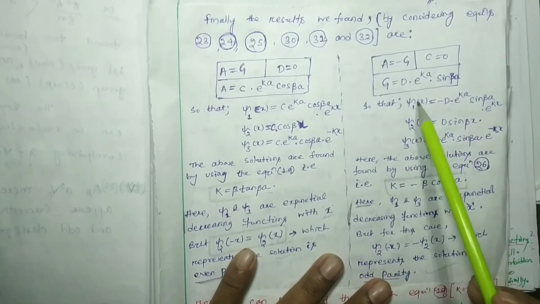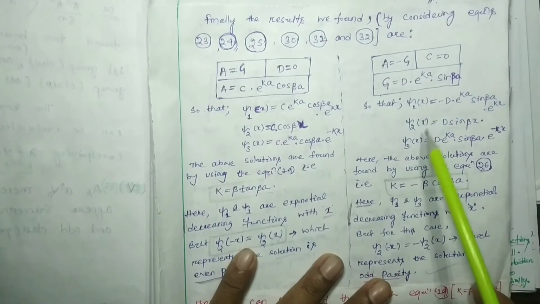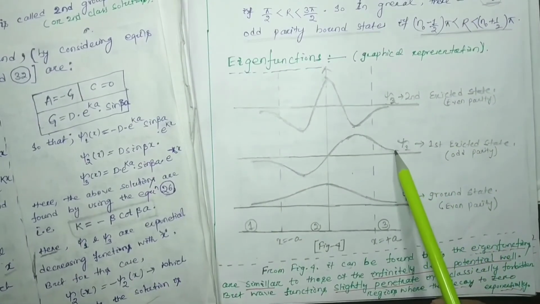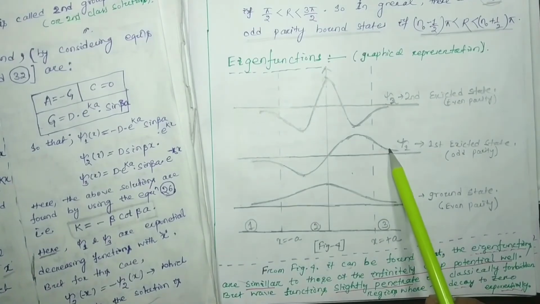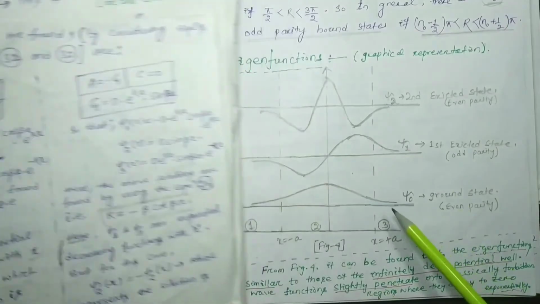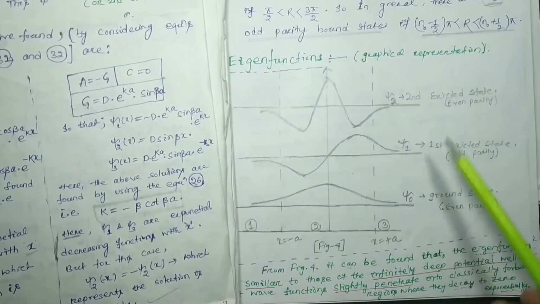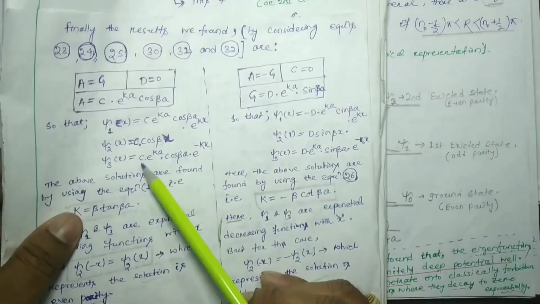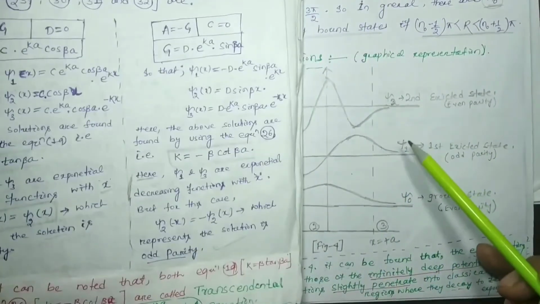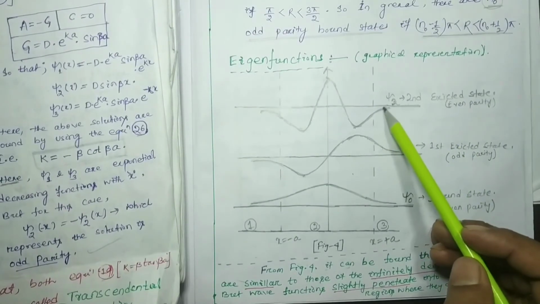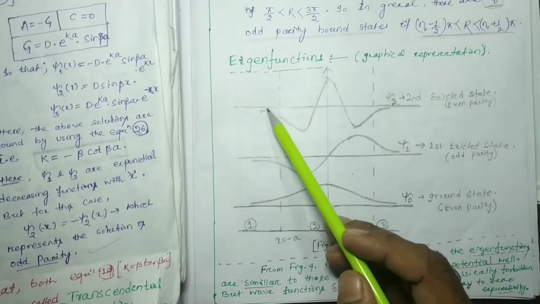Here also for region 1 and region 3, for the odd parity also we can get psi 1 and psi 3. For even parity solutions, suppose we consider the ground state and second excited state, we also find psi 1 and psi 3, so whether odd or even, we can get the probability of finding the particle in region 3 and region 1.